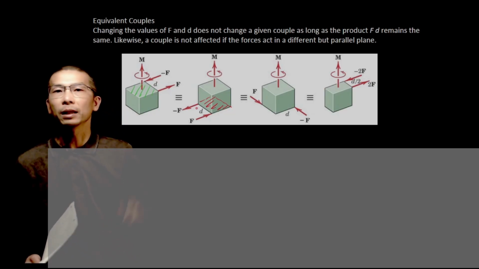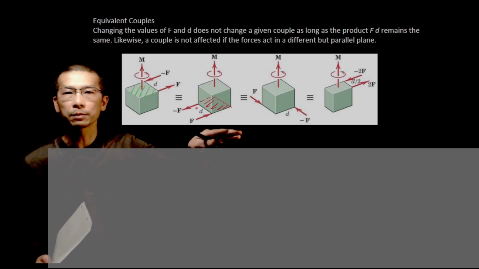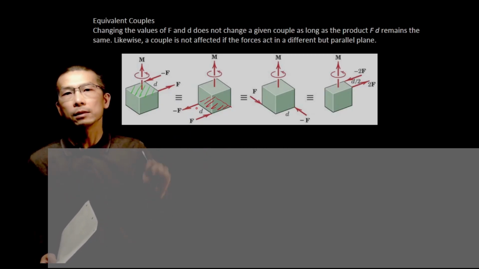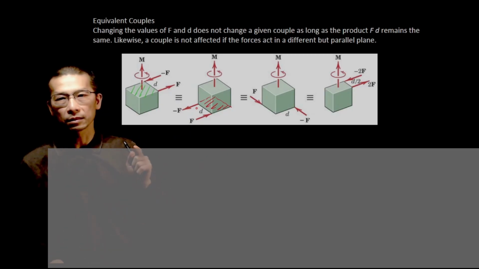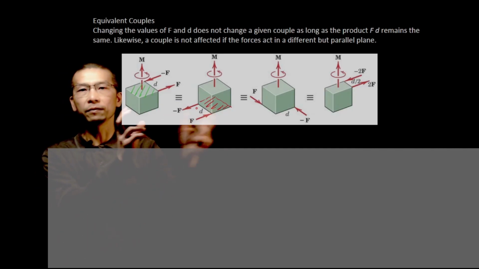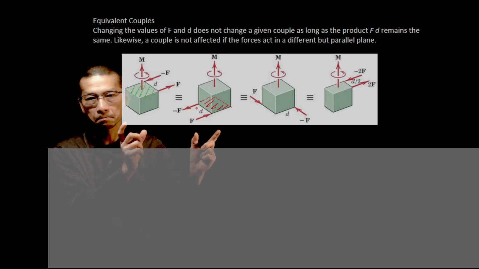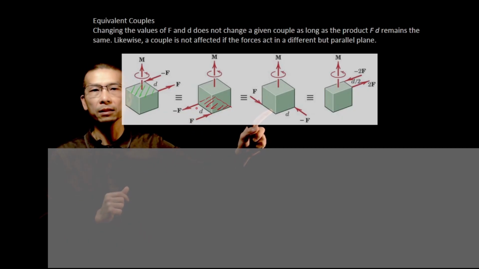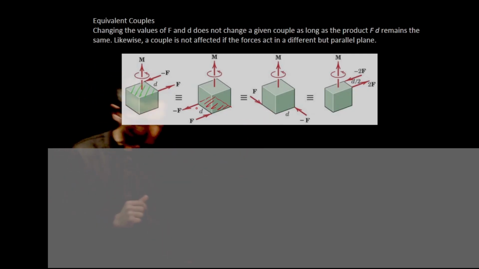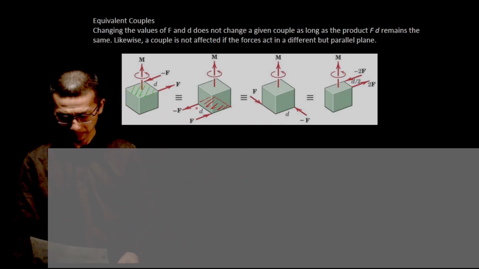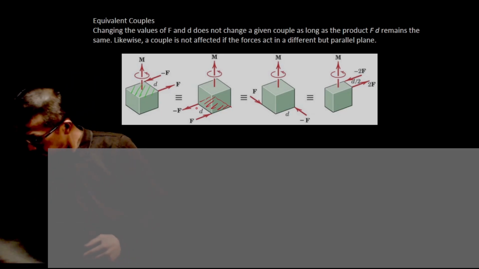It's changed, but they are parallel. The green and the red plane, they are parallel. So we can say they have the same couple. These are equivalent couples. Similarly, this as well.